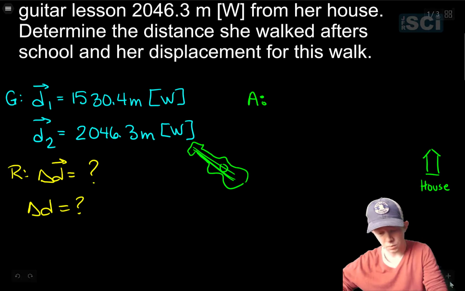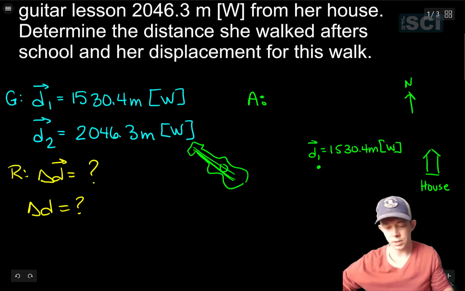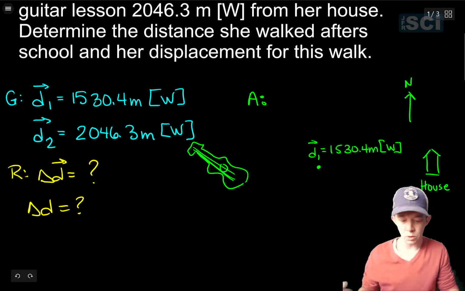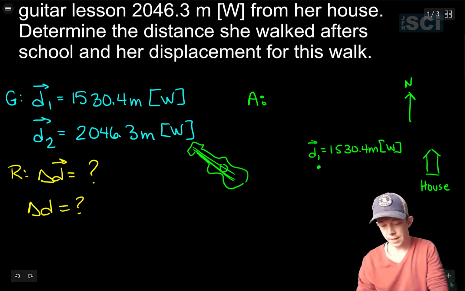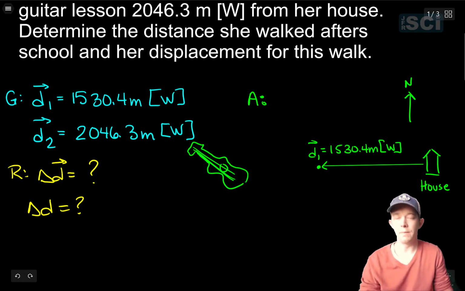Okay, so the position 1 that they have, D1, was 1,530.4 meters, and that's west of their house. And so this is our north direction. So I'll make it straighter, north. That's our north direction, which means to the left on our page here is our west direction. So this vector here demonstrates what we have as our D1.